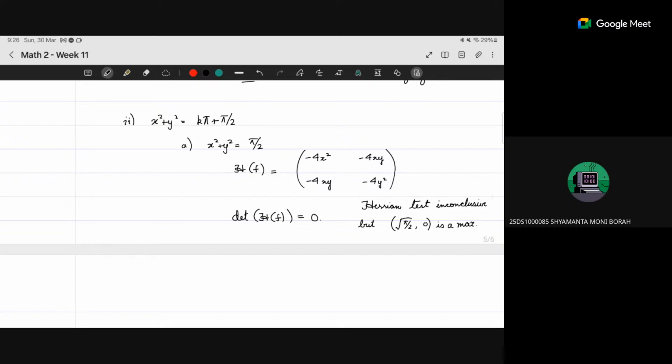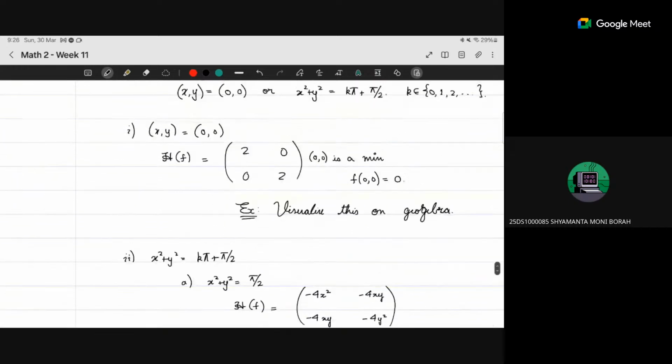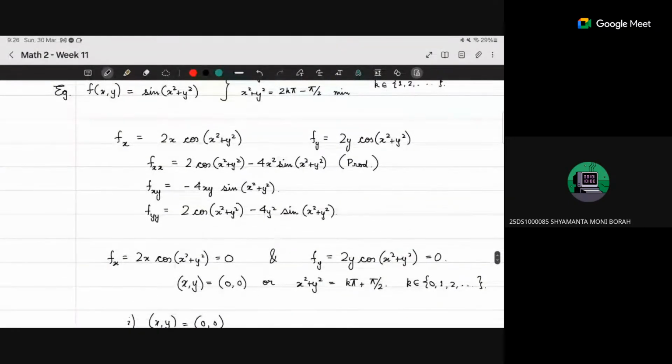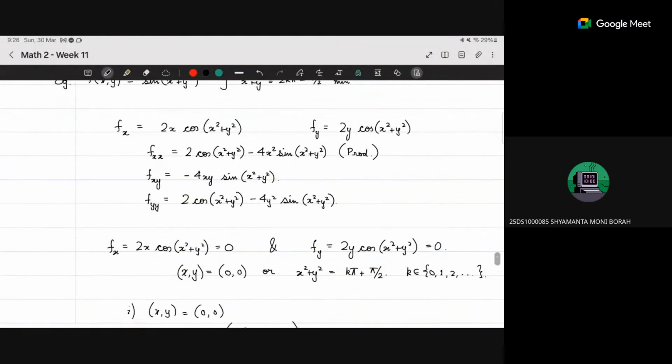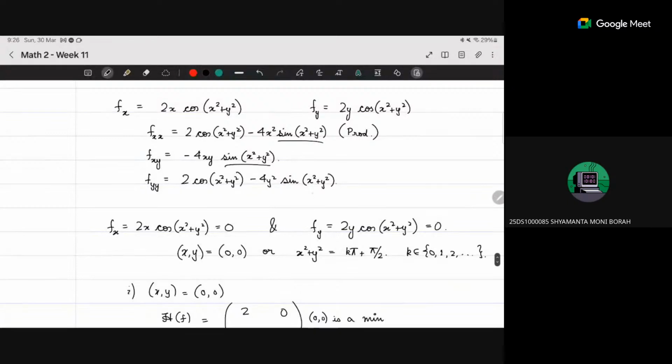You can do the same for other points, and you will see this happens at every 4k plus 1 pi by 2 and 4k minus 1 pi by 2. Everywhere else, you'll get minus 1 instead of plus 1, so you'll get 4x square, 4xy, 4xy, 4y square.